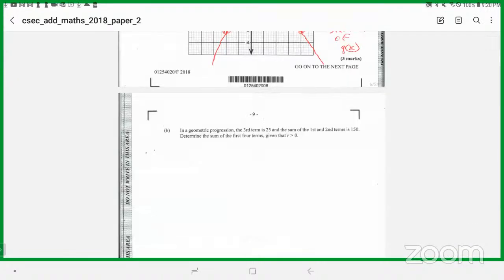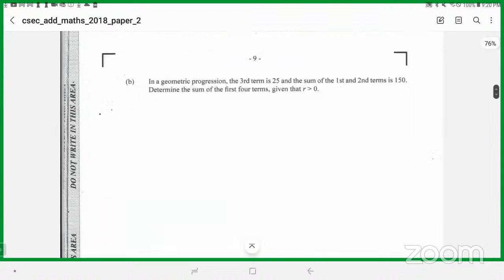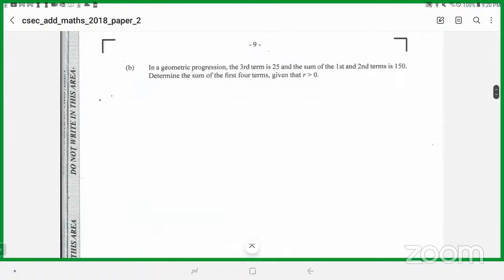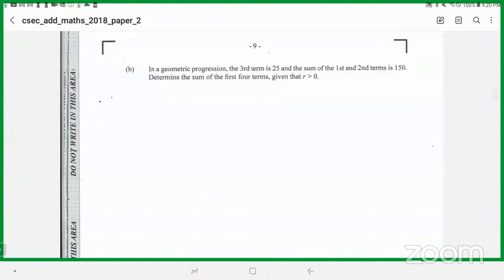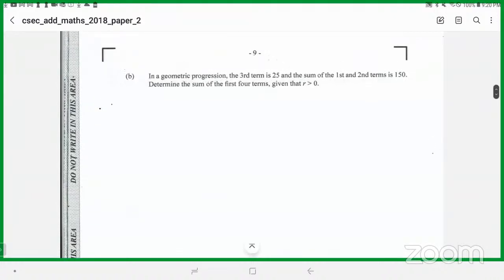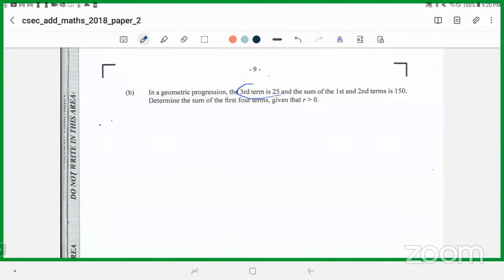Here's another series question right here on 2018. And they like to give geometry. This one says, in a geometric series, the third term is 25, and the sum of the first and the second term is 150. Now, once I say the sum of 2 terms, I can just list them. Remember, the nth term of a GP is AR to the n minus 1.